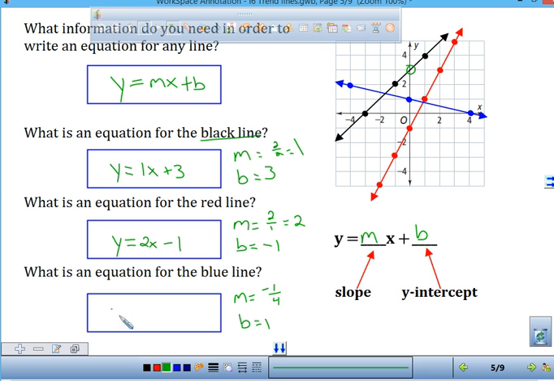Very good. So our equation becomes negative 1 fourth x plus 1. Don't forget your x in there. Questions on slope-intercept form? Okay, that should have been review.